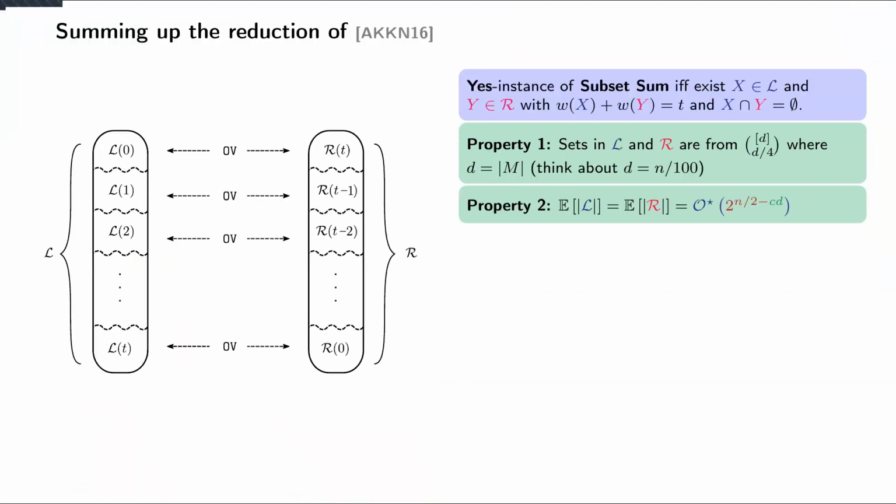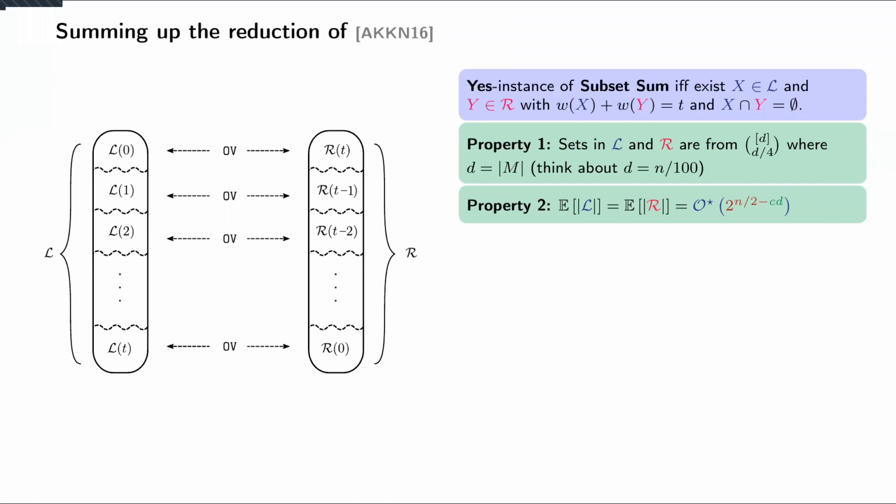So let me go through it again because it's hard to grasp when you see it for the first time. This reduction of Austrian et al. is just a reduction from subset sum, and if this is a yes instance for subset sum, then we are creating the sets calligraphic L and calligraphic R with the property that their weight is equal to T, and they are disjoint.